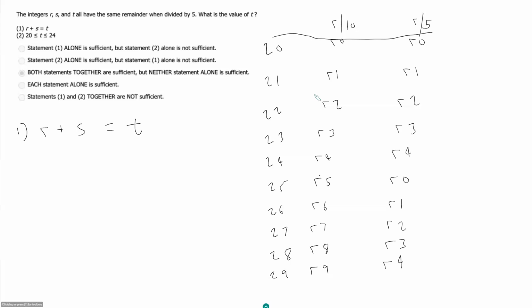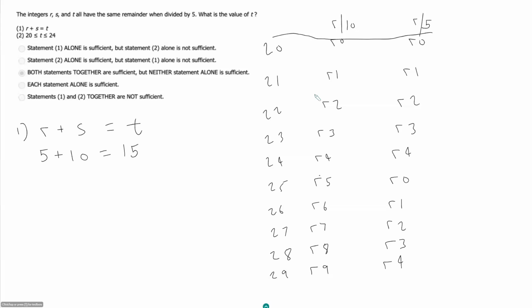They all have remainder of 0. And I know that if I add two multiples of 5 together, I should get another multiple of 5. So let's say r is 5, s is 10, then t is 15. This checks out because they all have a remainder of 0.